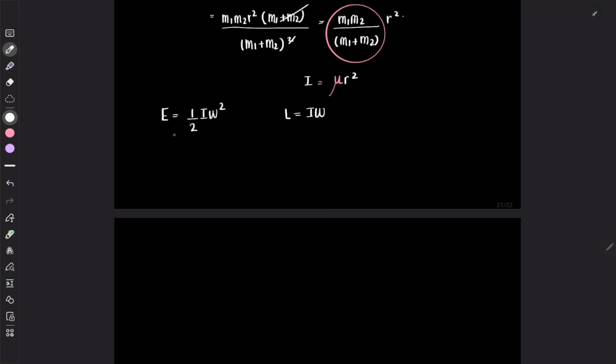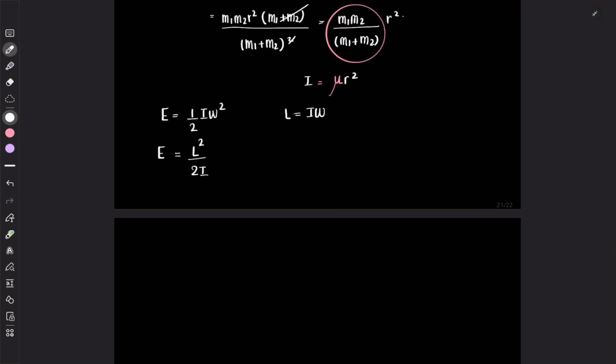Here I can write E in terms of L. Taking L whole square divided by I, you will get I square omega square by I, which is equal to I omega square. So I can write it as E is equal to L square by 2I. Fine.